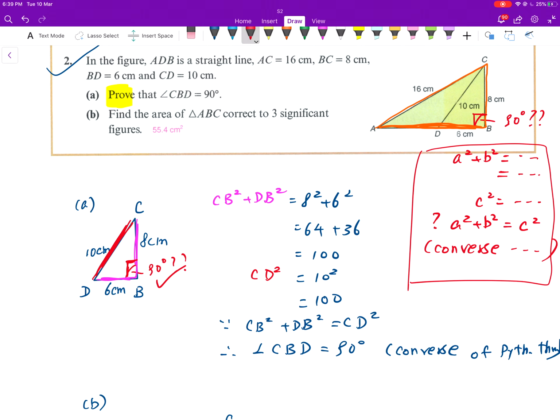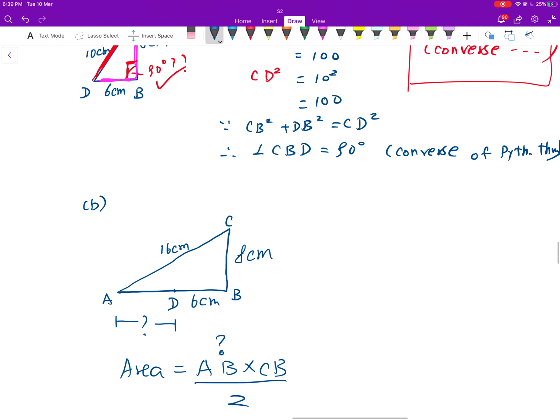As we have proved that this is 90 degrees, AB is the base and CB is the height, divided by 2. We take use of part A because angle ABC is 90 degrees, so we can find the height and the base to find the area of triangle ABC. Part B.